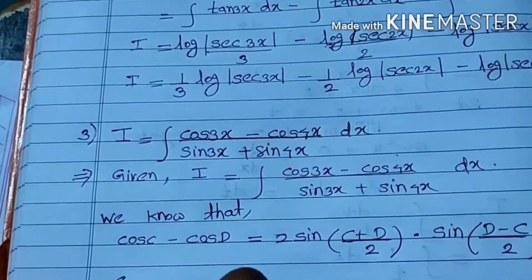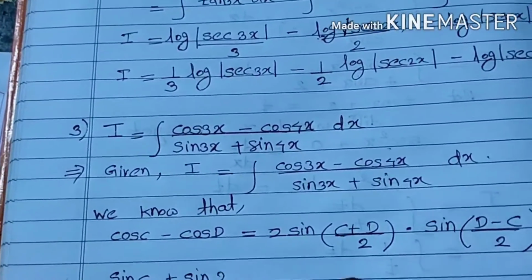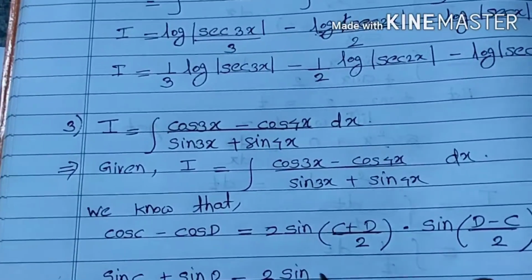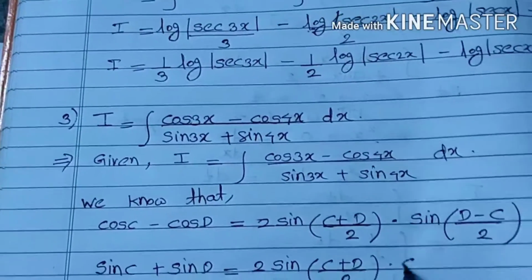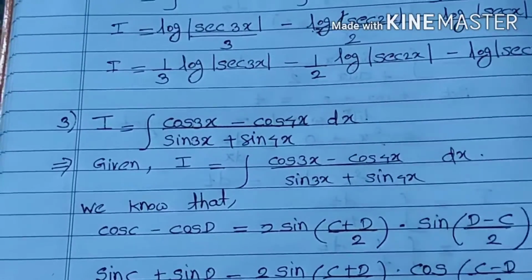And next, sin C plus sin D is equal to 2 sin of C plus D upon 2 into cos of C minus D upon 2.